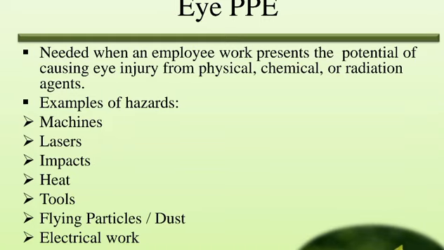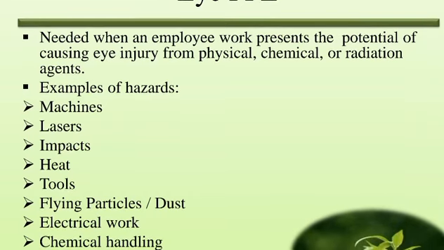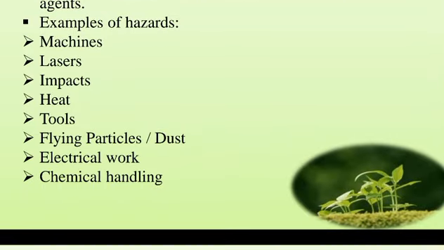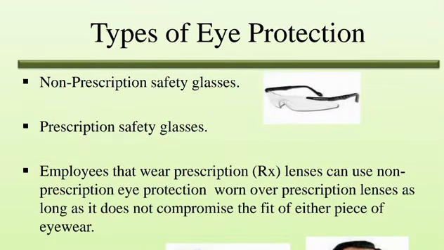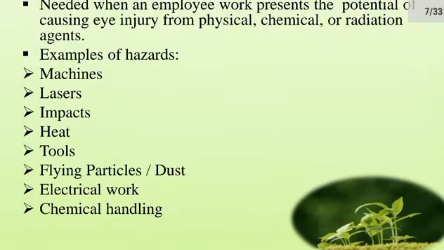The type of eye protection we use depends on the type of hazard that may be present. Let us discuss some of the common hazards to eyes derived from the following activities.